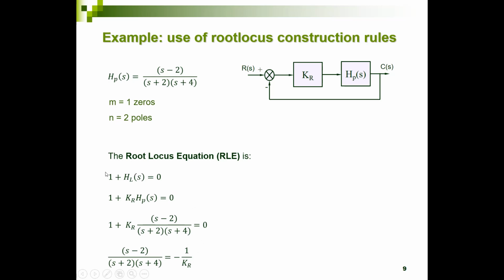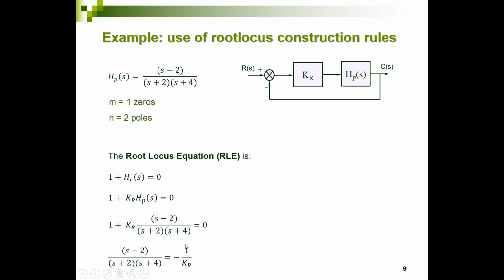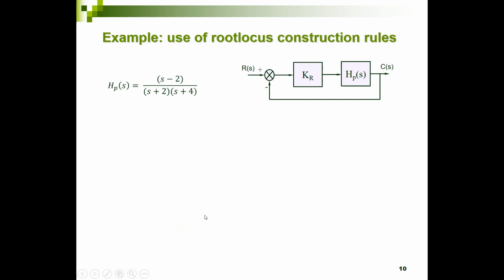And of course, you can also calculate this root locus equation from the denominator of the closed loop equation, C over R. So in this situation, we have our root locus equation, and from that root locus equation, we can draw the root locus. So we start off with rule number 3.